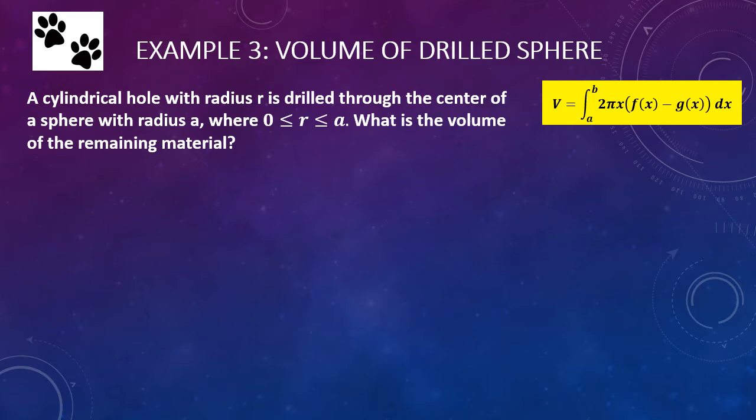So basically we have a sphere with a hole through it. And so sometimes it's really important to visualize these, and if you don't have a diagram or a graph, you have to build one. So a sphere is just the rotation of a circle, and remember that the equation of a circle is x squared plus y squared equals the radius squared, and that is a circle centered at the origin.